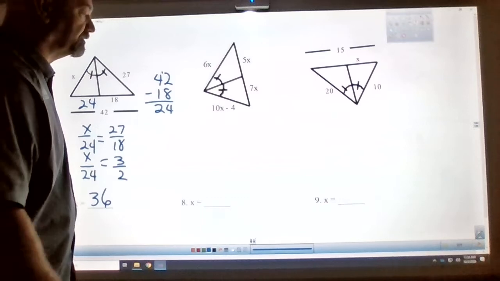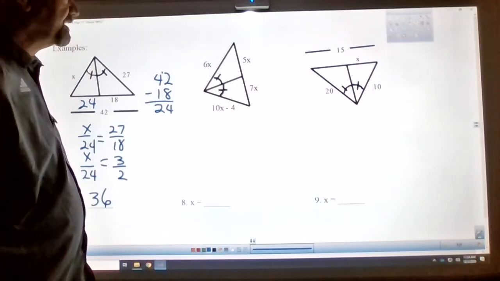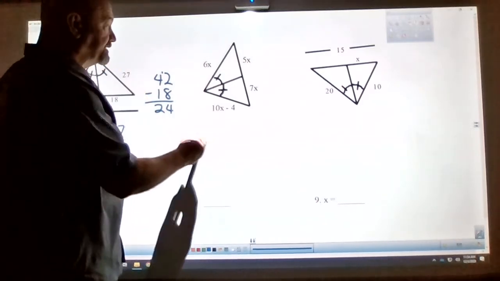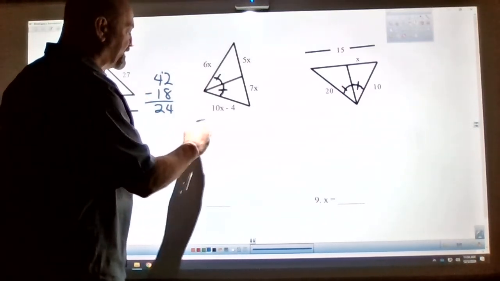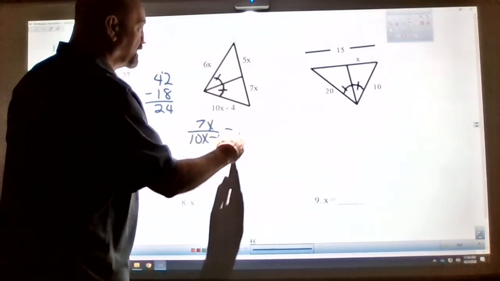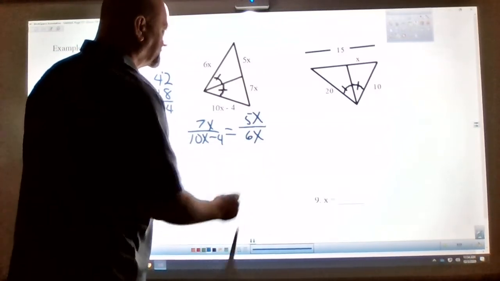Next problem. Uh-oh, this one's going to be a little more work. Looks like more x's and fewer numbers. Okay, but we still have the same proportionality. I would say that 7x is to 10x minus 4 as 5x is to 6x.